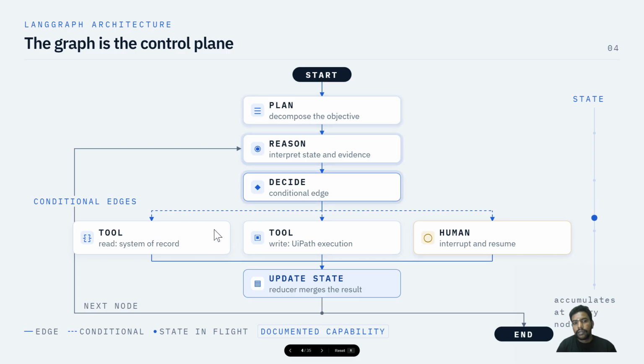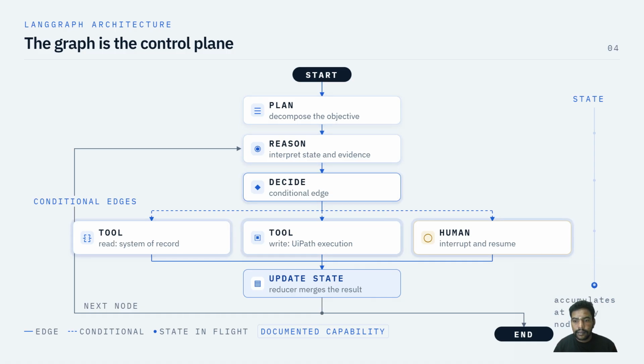Here is one example I want to bring. In an invoice case, plan decides we need the purchase order and the goods receipt. Reason interprets the documents.